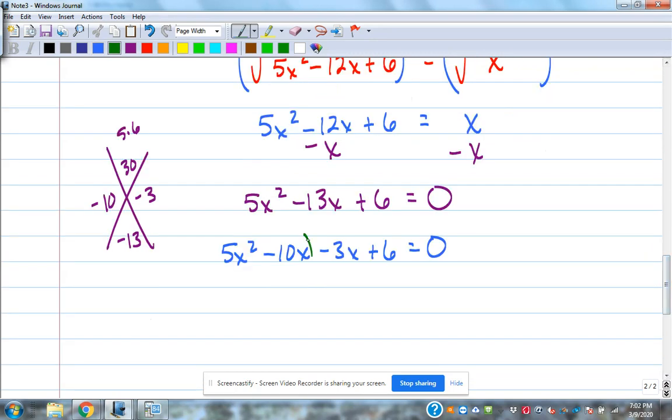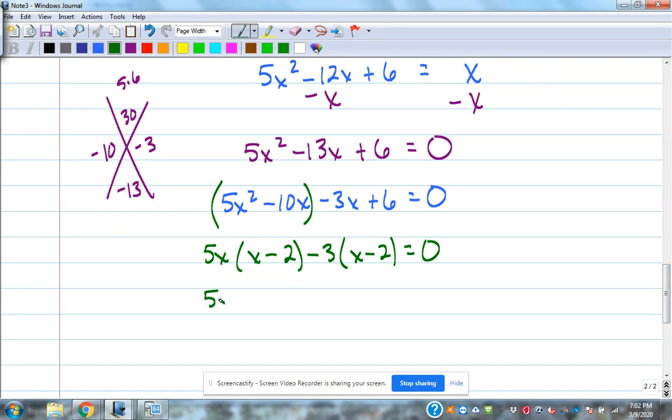Remember doing this not too distant past. My factors are 5x minus 3, x minus 2. Set each of those equal to 0. And solve.